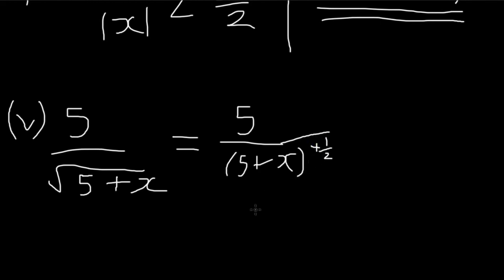Yes, and then when it goes up, that's when it will be negative, like that. So it will be 5, and then open brackets, 5 plus x, so 5 plus x to the power, this will now be negative half.